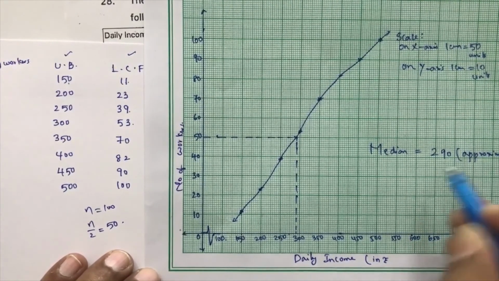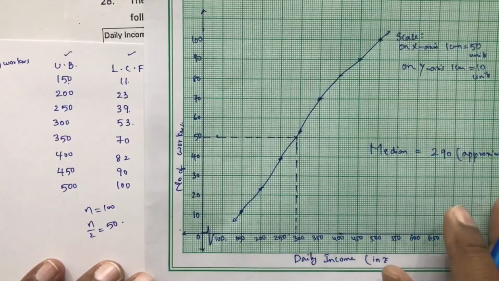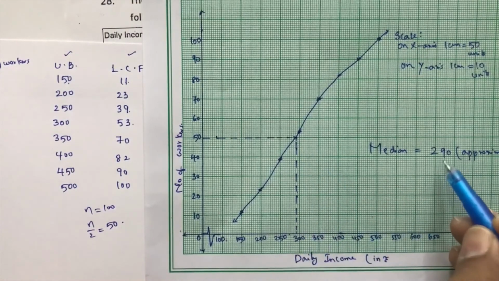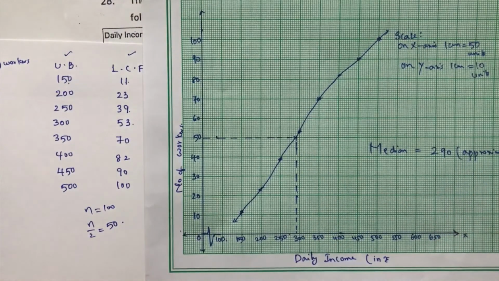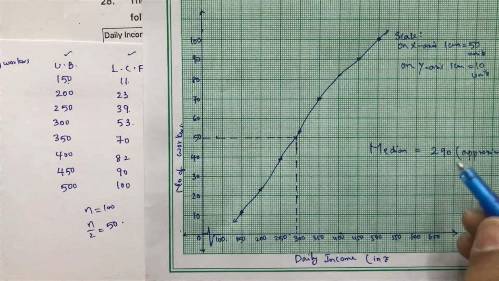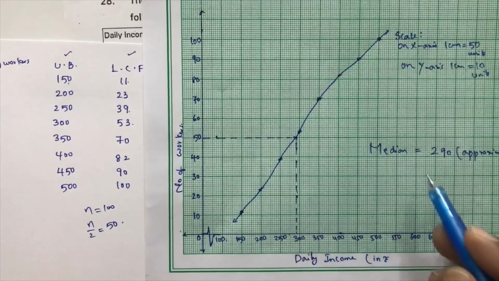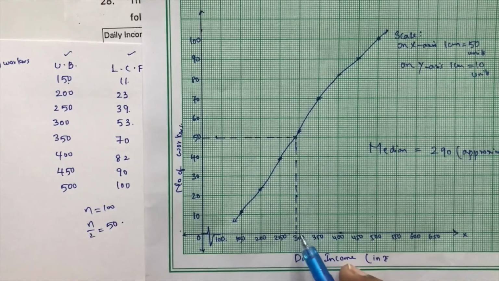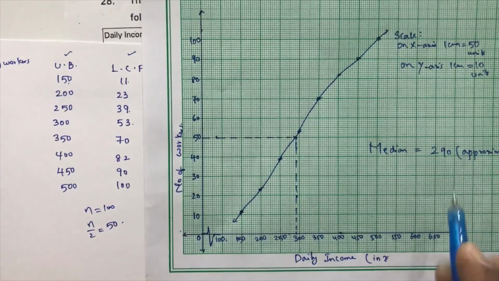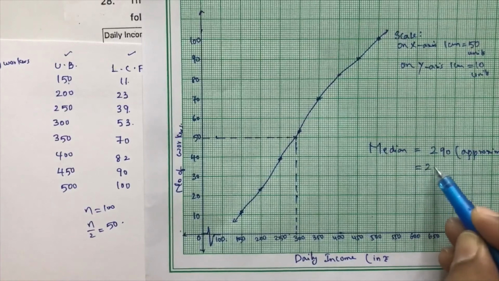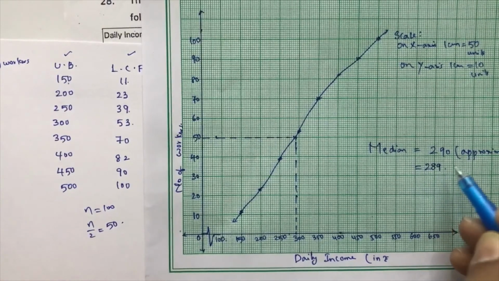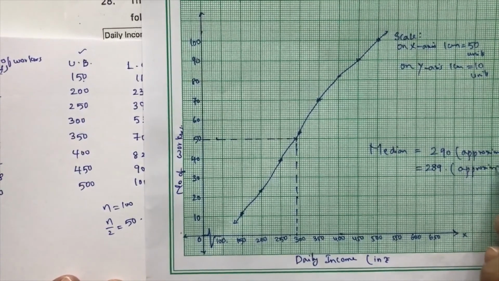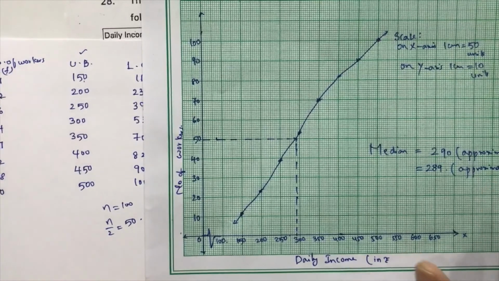If you calculate exactly with the help of the formula L plus n by 2 minus Cf by f into h, you'll get the exact value, something around 289.5. But you can write the median as 290, because the abscissa where it cuts the x-axis is the median. Or you can do the problem in rough and write 289 approximately. In this way we need to draw the ogive.